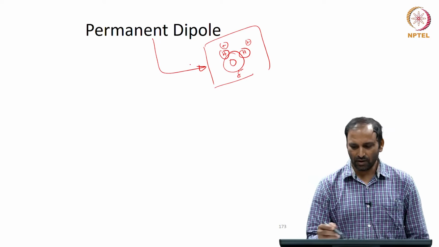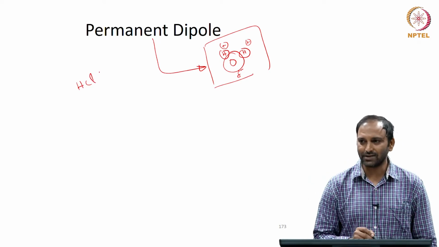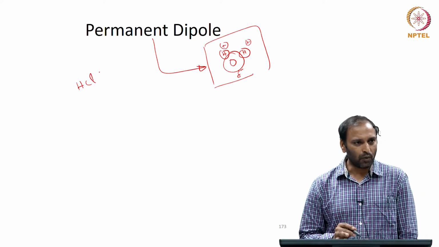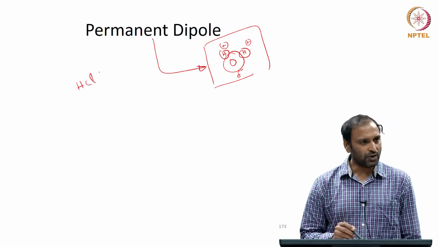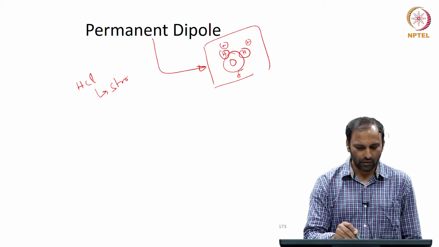That is an example of a molecule which has a permanent dipole. Of course, you can think about other examples. HCl, hydrochloric acid, is another example. Typically, permanent dipoles are found in molecules in which one of the atoms is strongly electronegative.